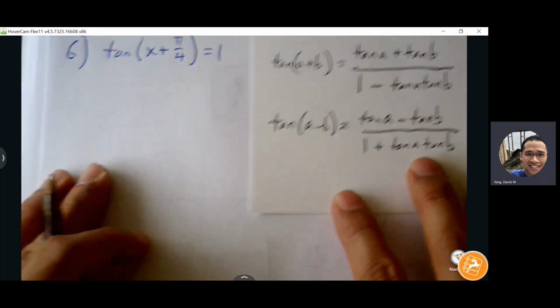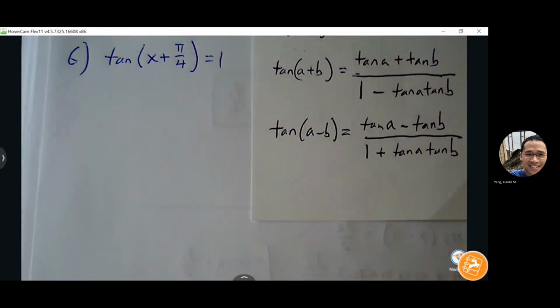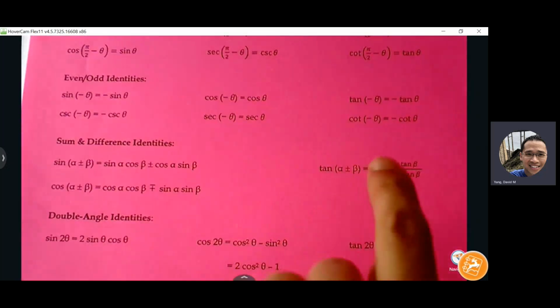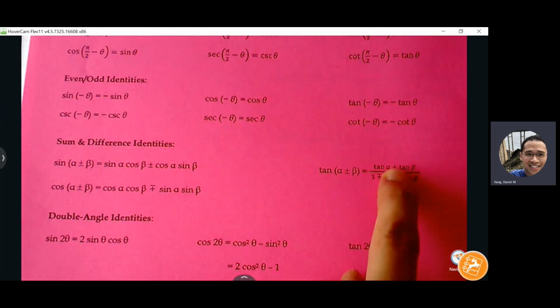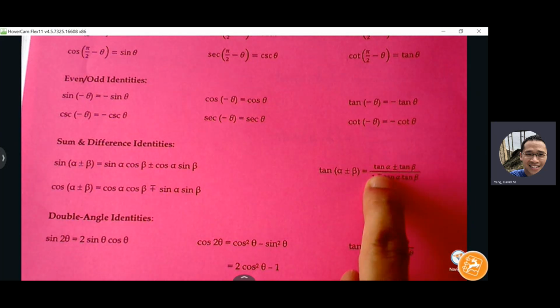So here's my sum identity for tangent. Just make sure that you know how to read it off of the formula sheet. If I want to do tangent of a plus b, I'm going to take the top operation, so plus for the numerator and then minus for the denominator.